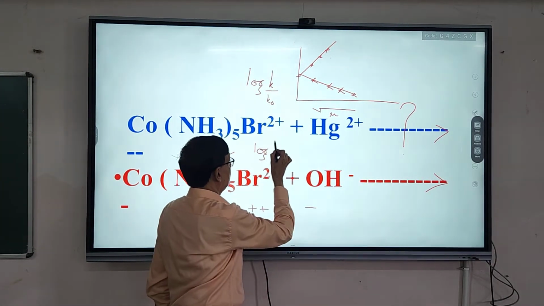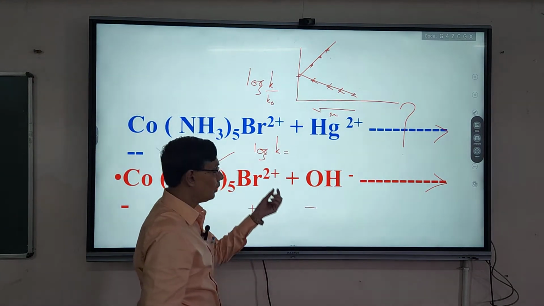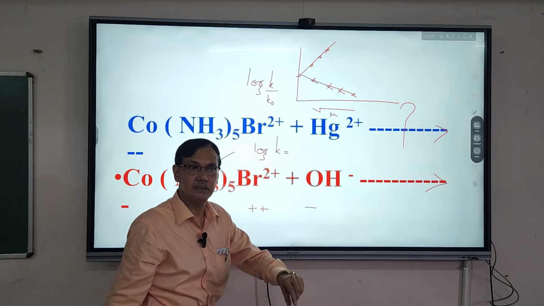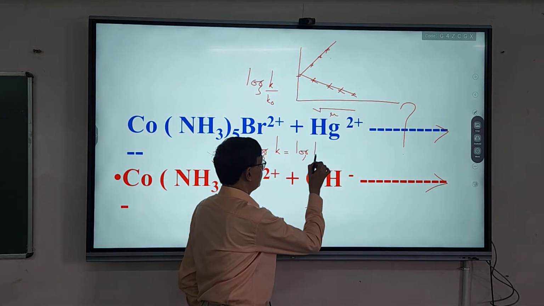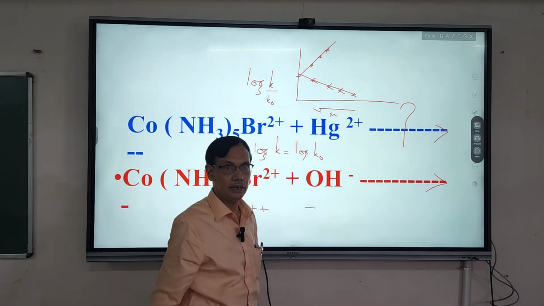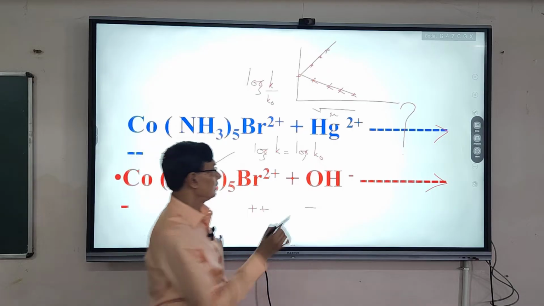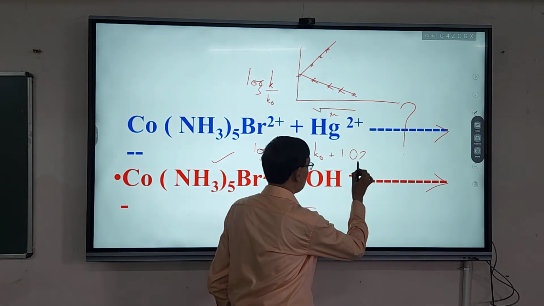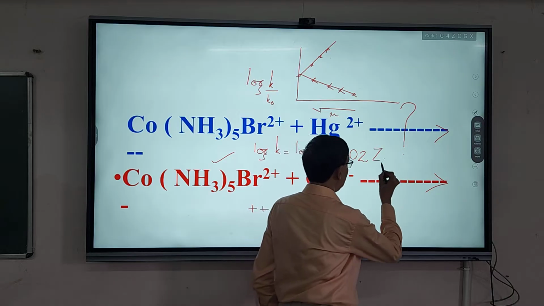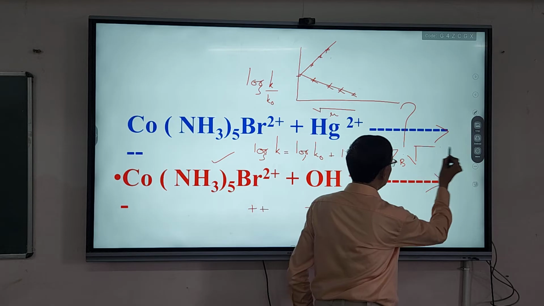So log of K, that means the rate constant in the presence of electrolyte, equals log of K0, the rate constant in the absence of electrolyte, plus 1.02 approximately ZA ZB under root of mu.